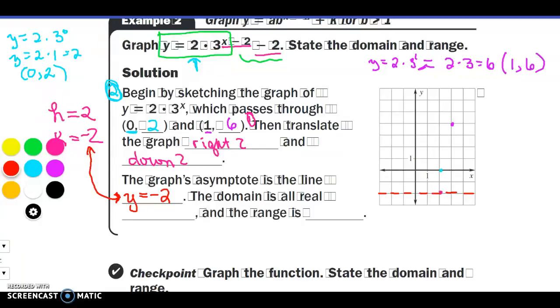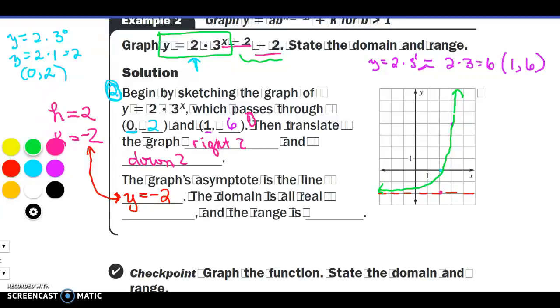Okay, now I'm ready to actually draw my graph. So I'm going to start over here close to the x-axis. I'm going to make this as smooth of a curve as I can, and then just continue my curve up. Put arrows at both ends because this graph is going to go on, and that's a not too bad graph, okay?